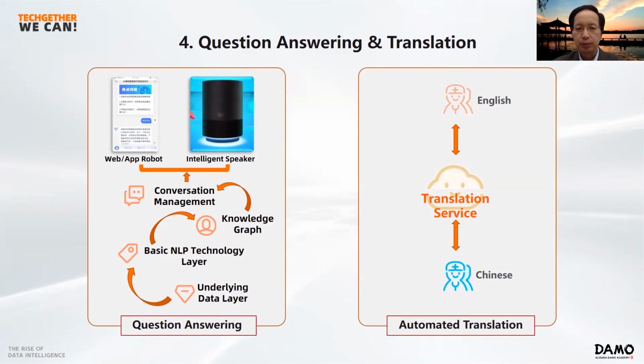Then the robot will reply automatically with relevant answers to the questions. Another way to use it is automatic translation, which enables people to communicate efficiently almost in real time, even if they are speaking different languages. Knowledge and experience sharing is one of the best prescriptions for combating the virus.